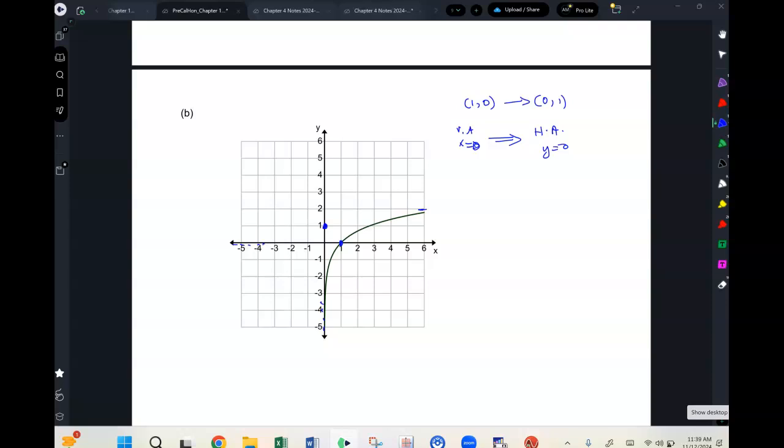Do you see what I'm talking about? Or the other way around? Wait, what did I say? Oh, it levels off at 2 for x. So here, it'll look like this.